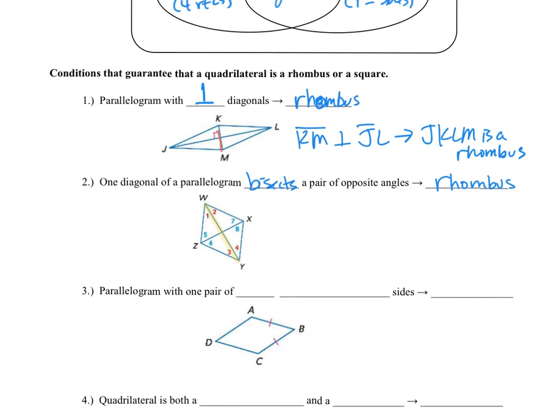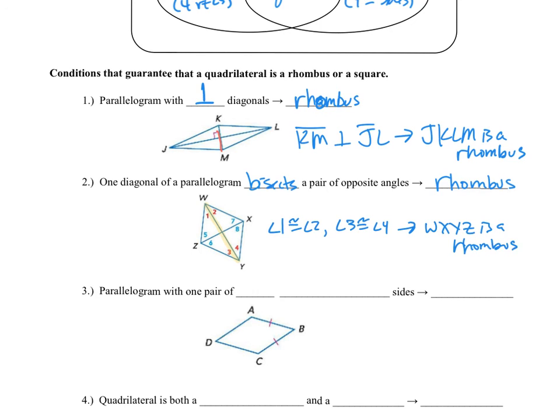And if that diagonal bisects a pair of opposite angles, we can assume that this parallelogram is a rhombus. So let's write that theorem in terms of this diagram. We can say that if angle 1 is congruent to angle 2 and angle 3 is congruent to angle 4, then we can conclude that WXYZ is a rhombus.